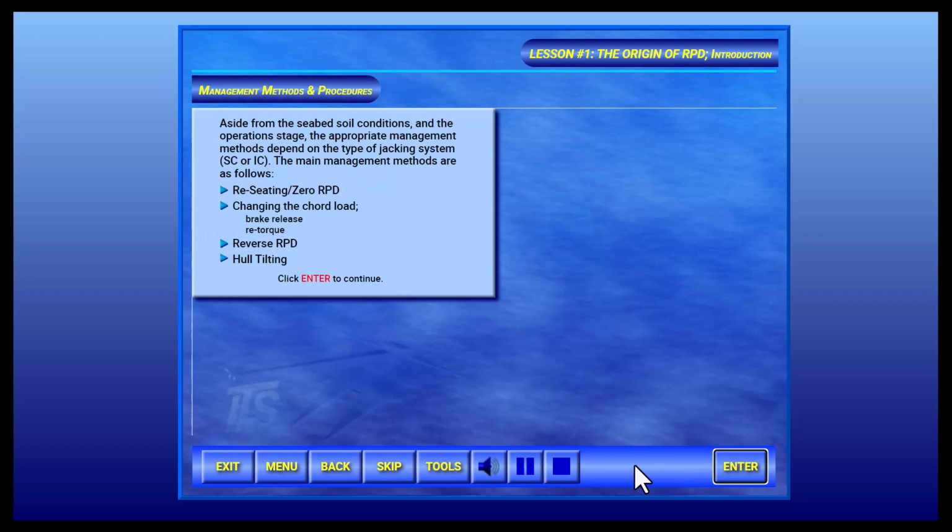Aside from the seabed soil conditions and the operations stage, the appropriate management methods depend on the type of jacking system, SC or IC. The main management methods are as follows: reseating, zero RPD, changing the cord load via brake release and/or re-torque, reverse RPD, and hull tilting.